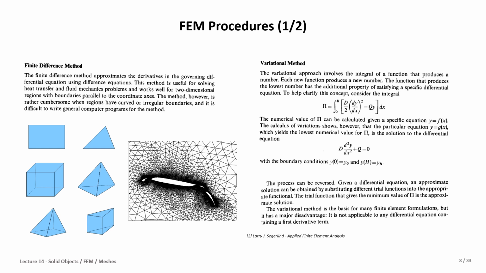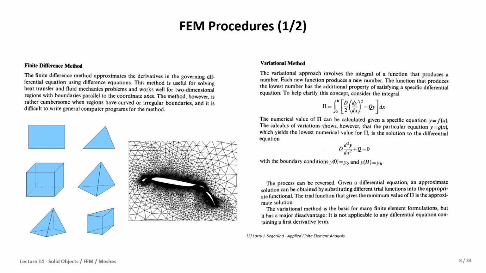But when we have curved or irregular boundaries, and we can say complex geometry, it will be difficult to apply the finite difference method to get the solution. Then we can say the finite difference method is limited to some areas. We can use it widely.